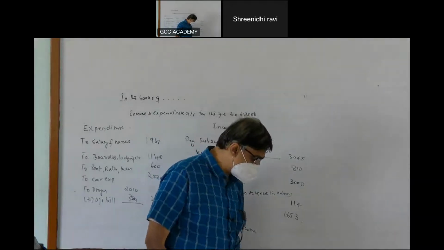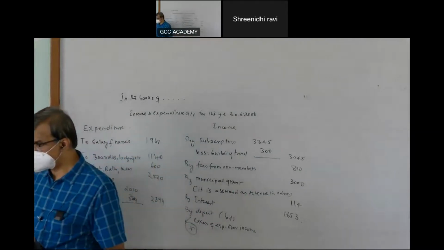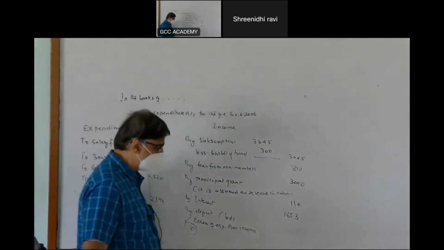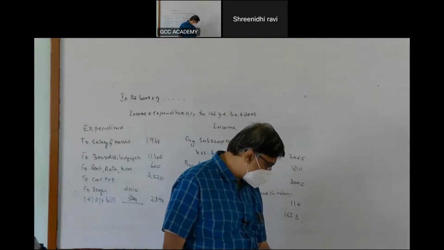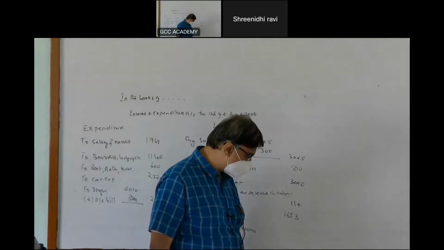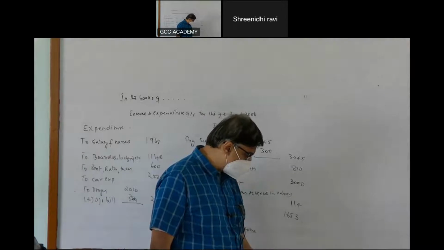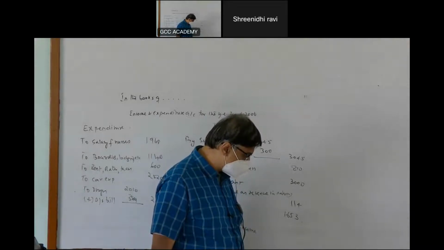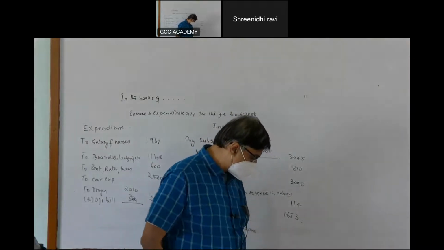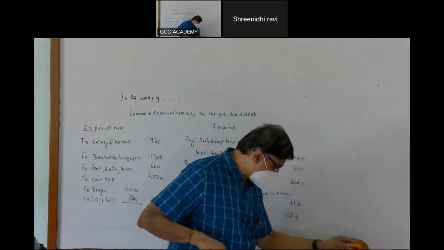Postage expenses 120. Rent and taxes 1,500. Upkeep of the land 2,000. Purchase of sports material 10,000.